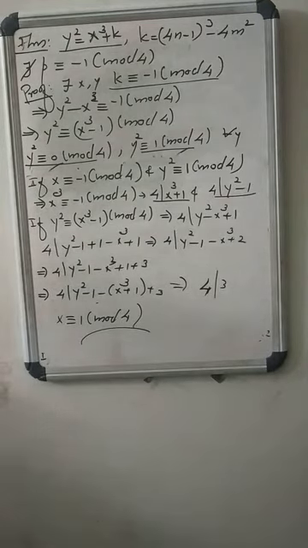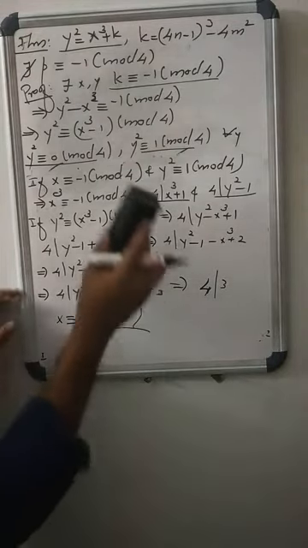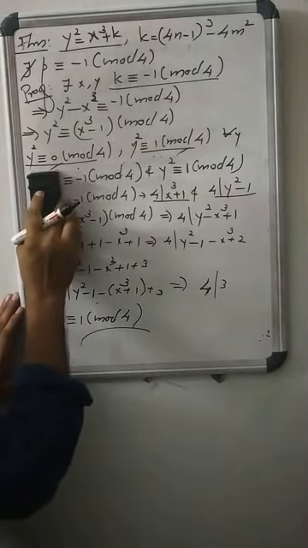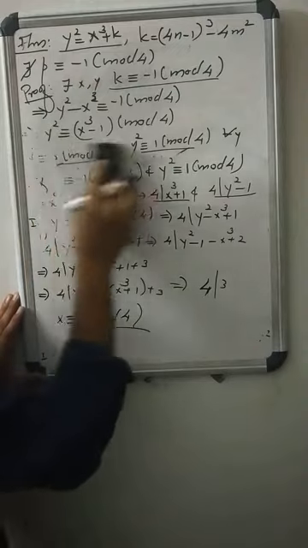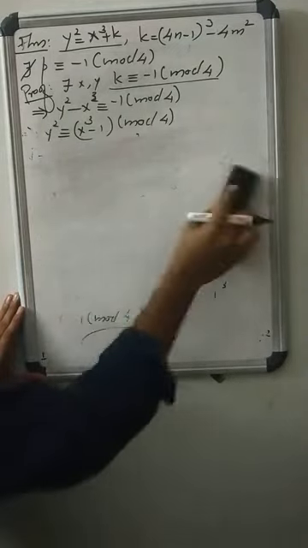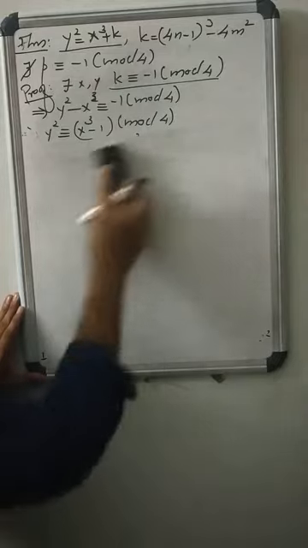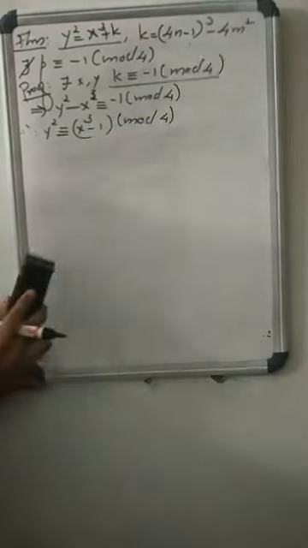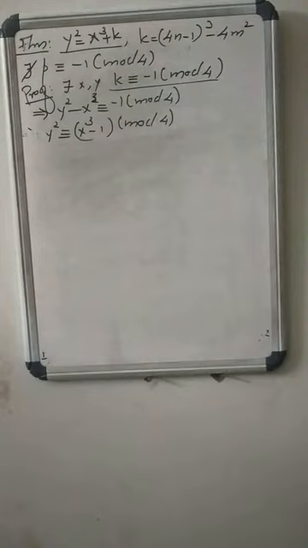Agreed? Okay. Now in the expression for k, listen. Now consider k. What is k here? Here k is of the form (4n - 1)³ - 4n². Agreed?